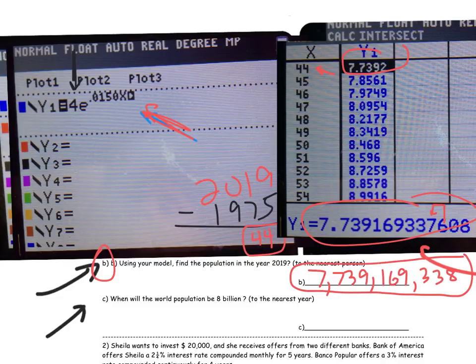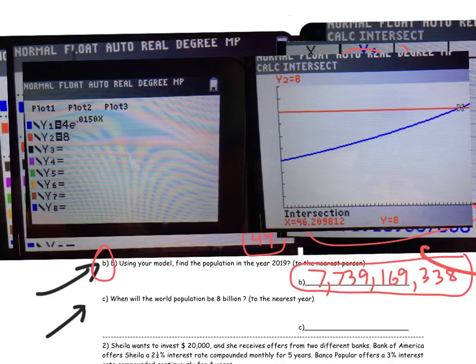Finally, letter C, when will the world population reach 8 billion? Here it gives us a little indication. I can look for 8.0 in my table. But what I could also do is find the point of intersection between our equation that we set up and now y equals 8 for 8 billion.